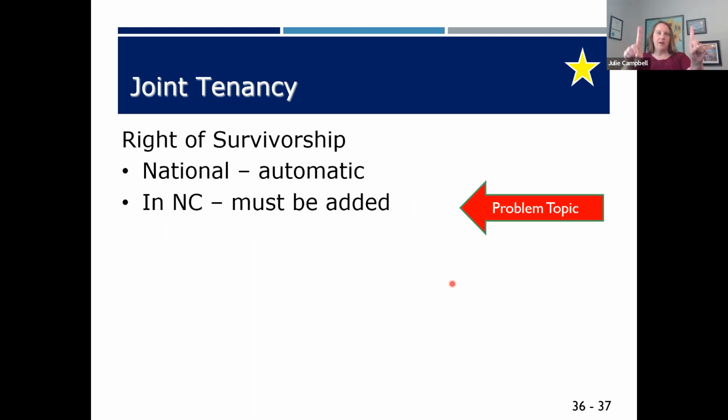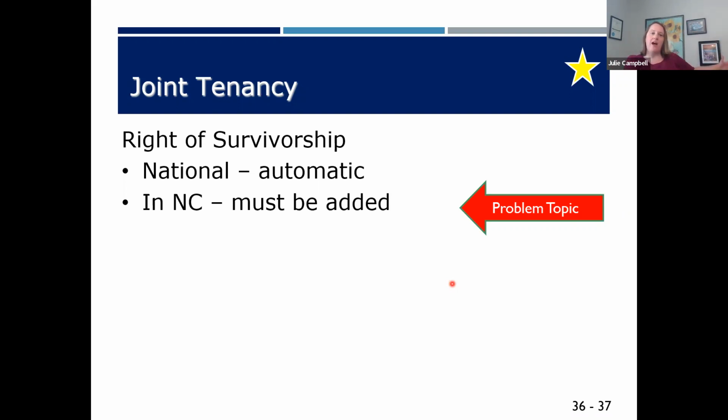You have 2 owners, owner A and owner B. When owner B passes away, their interest automatically goes to owner A. That's right of survivorship. If you have 4 owners, this one dies, it goes to the other 3. This one dies, it goes to the other 2. This one dies until we're down to 1. There are no heirs with right of survivorship.